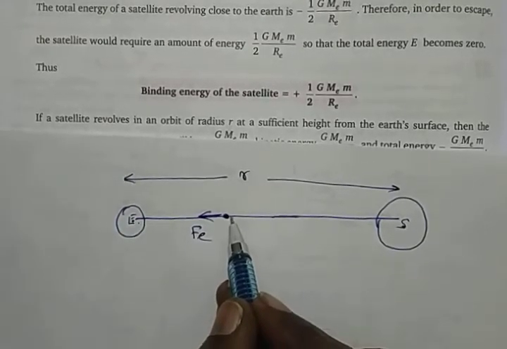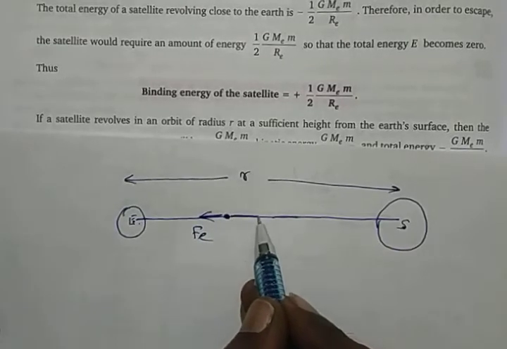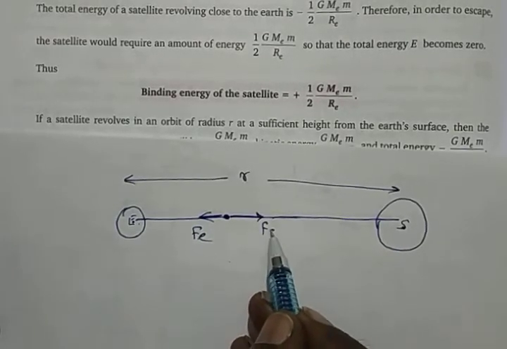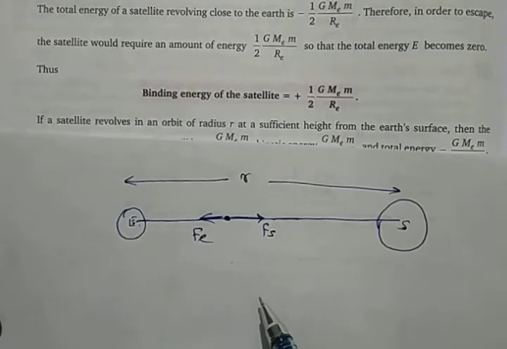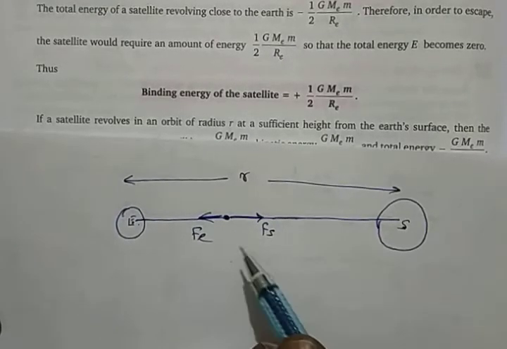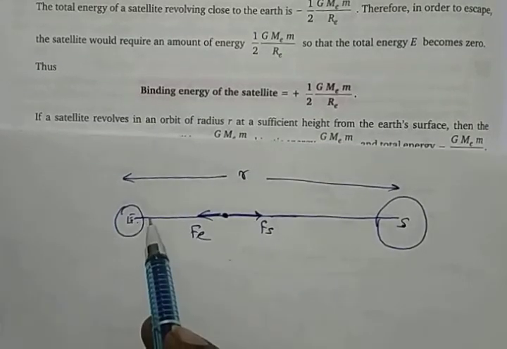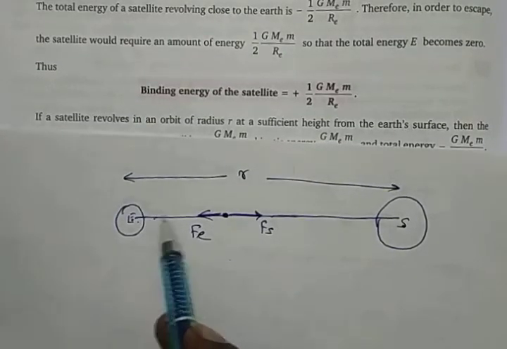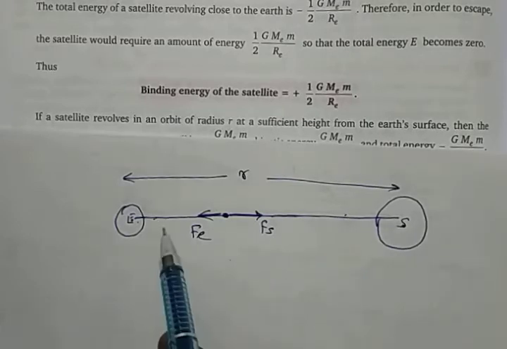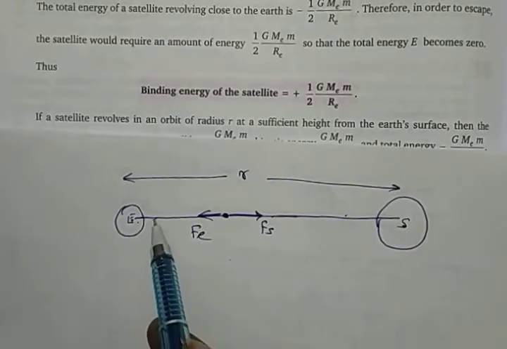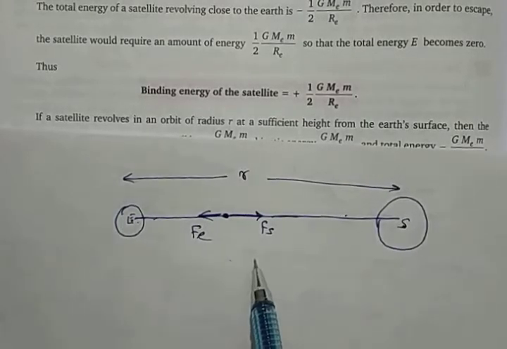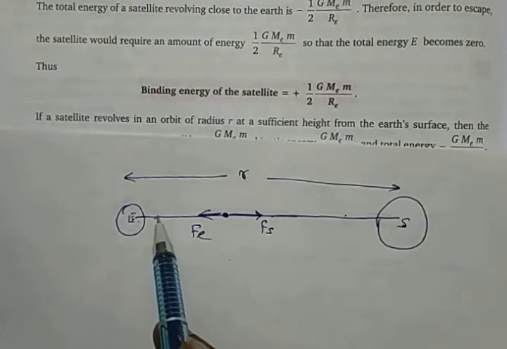And at this point, there will also be a force on the rocket towards the sun. Now wherever the rocket is going, here or here, every time two forces will be acting. One is towards the earth, one is towards the sun. When it is close to the earth, which force will be greater?